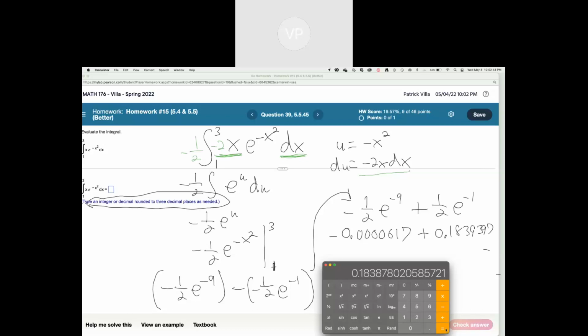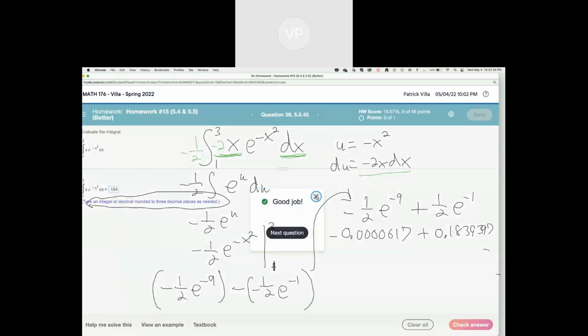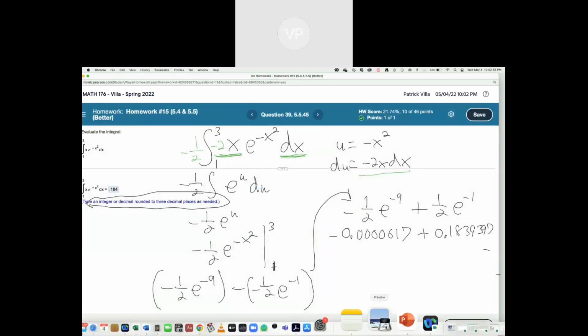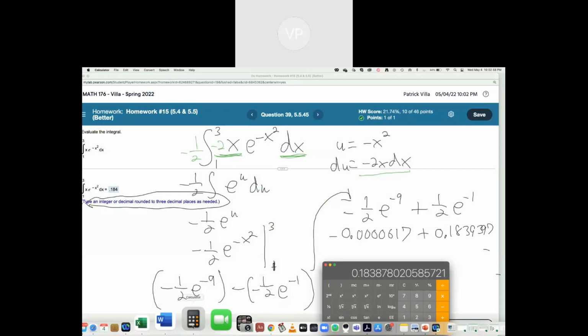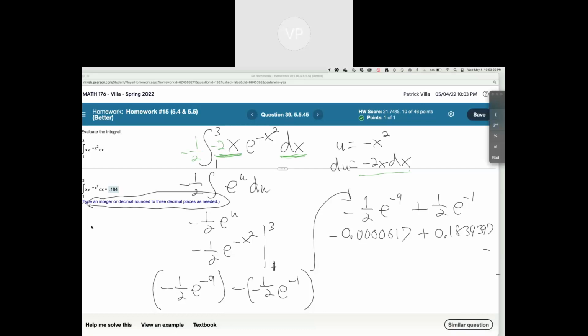It's not going to make much of a difference. But we get 0.183. I'll round that to 0.184. And there's our answer. I lost my calculator, but here's what we have there. And that's that one. Okay, so there's that one.